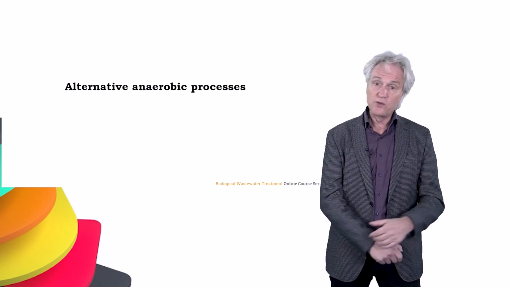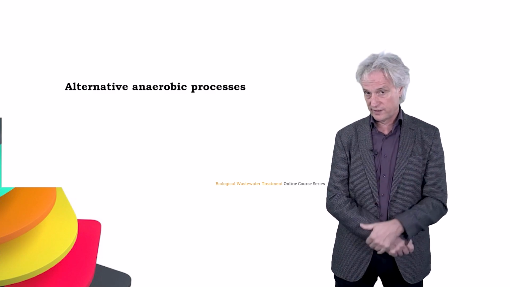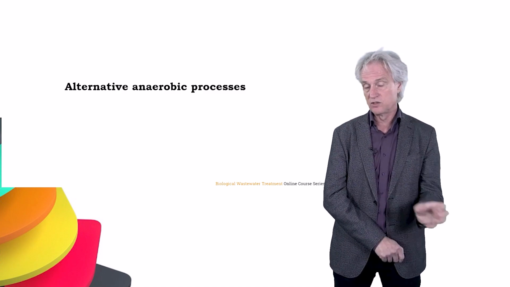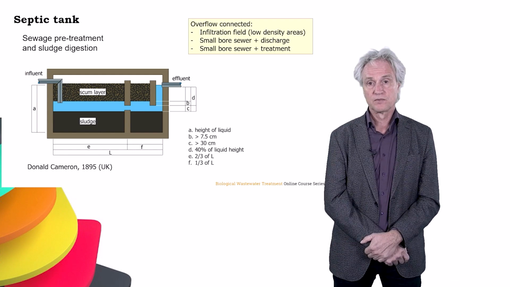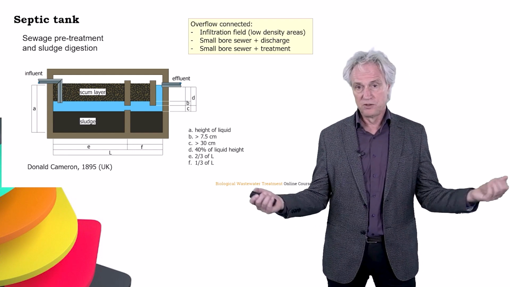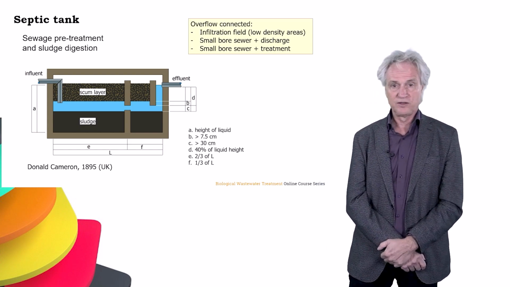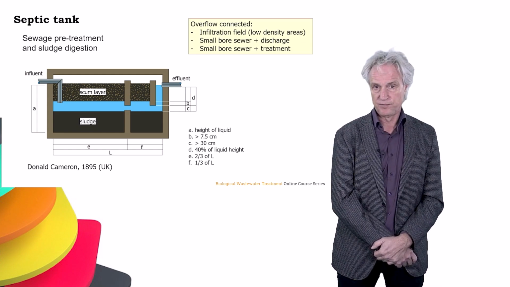If a USB reactor technology is still too complicated, alternative anaerobic processes can be used in conjunction with a post-treatment system. One of the oldest is the known septic tank system, already over 130, 140 years old, developed by Donald Cameron.